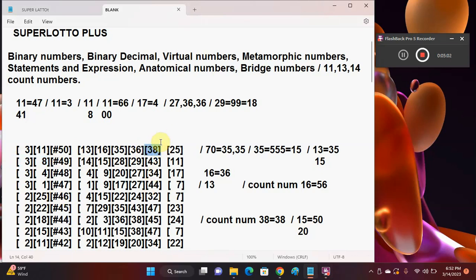Then you look to see if there was a previous 38, and the next previous 38 is right here. As I said, if you count the distance between here and here and it's 38, that tells you that that number is 38.